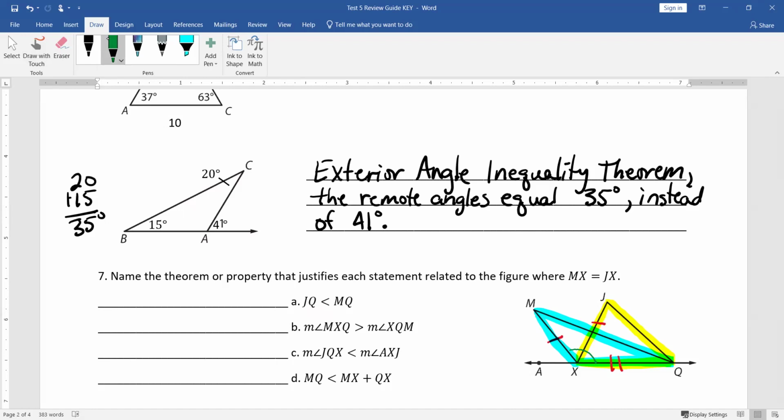The included angle is smaller in JQX than it is in MQX. So we look at our opposite sides. The opposite side is MQ, JQ. Obviously the angle for MXQ is much bigger than it is for JXQ. So this is the hinge theorem.